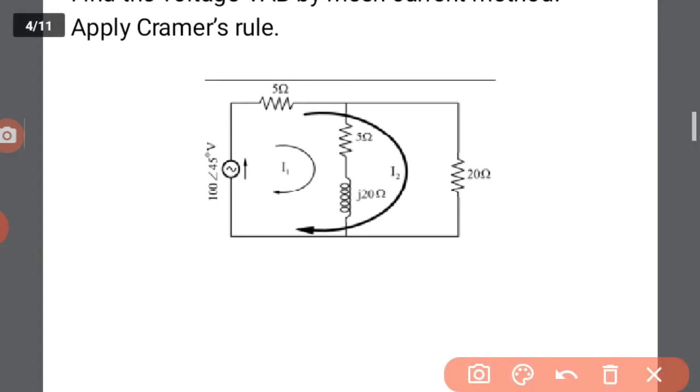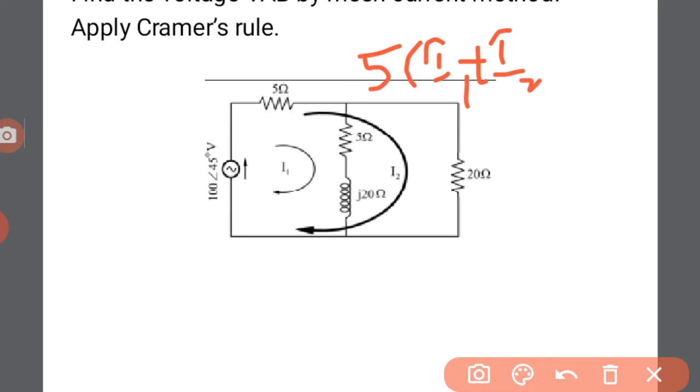The first current I1 is flowing through this circuit. In this 5 ohm resistor there are two currents flowing, I1 and I2, so that resistor term is 5 into (I1 plus I2).